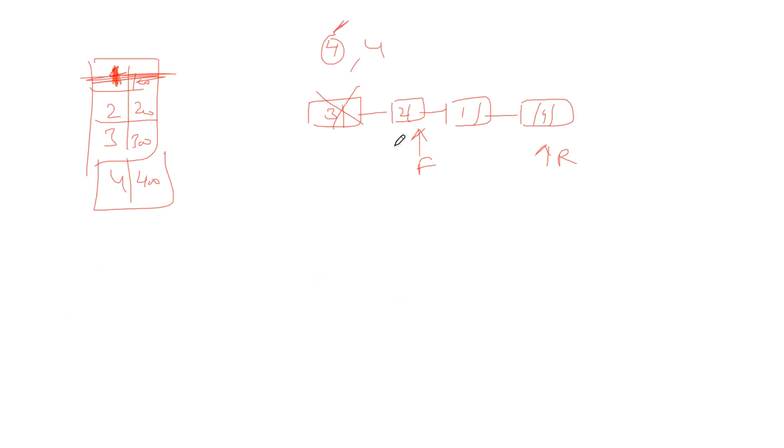No, front pointer position in map? There is no front position in the map. What do you mean by front pointer position in map? I'll say in the map the front pointer will be 3. We'll find which value is the 3. We'll remove that. Yeah, so this is what I'm saying. So 4 was there. Okay, remove this. And here, rather than 4, 2, I added 400. Okay, this is fine.